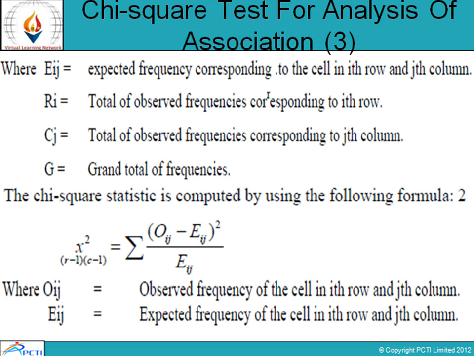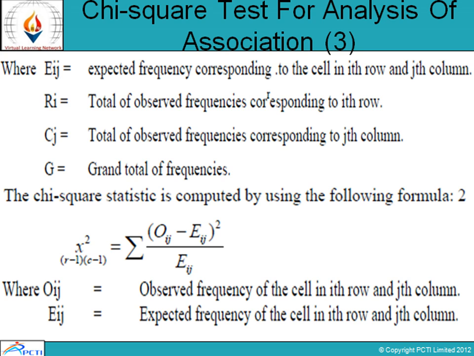Now the chi-square statistic is computed by using another formula, which is x square with (r minus 1) into (c minus 1) degrees of freedom, where Oij stands for the observed frequency of the cell in the ith row and the jth column, and Eij refers to the expected frequency of the cell in the ith row and the jth column.